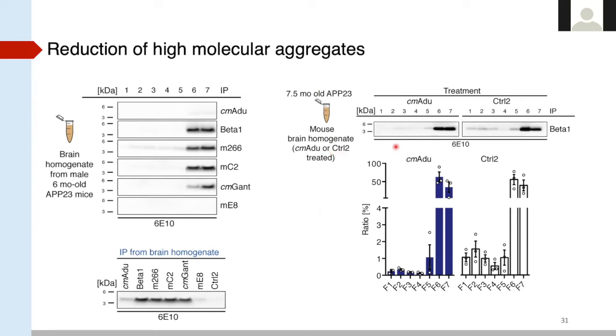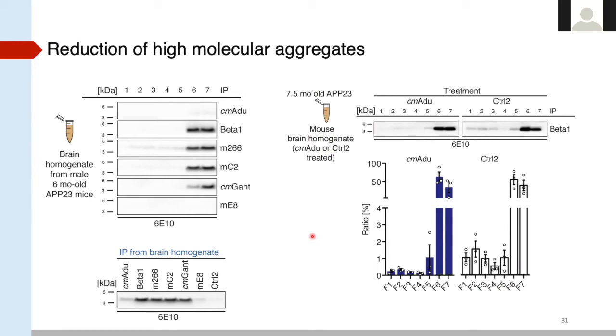And I think you can nicely recognize that in the ADU-treated animals, we basically lose signals in the high molecular weight fractions of this ARPA, whereas we see something in the control animals. And you can not only see this on the Western blot, but also in this ratio that we made.